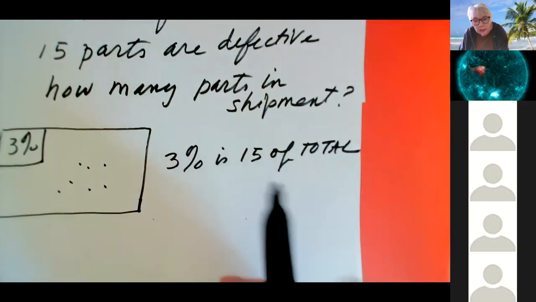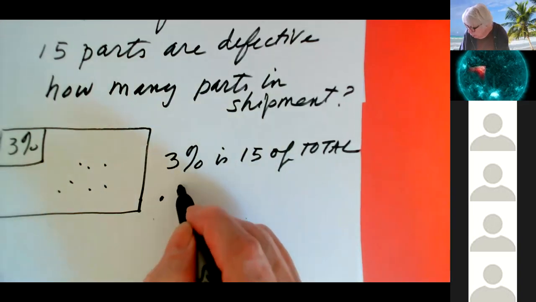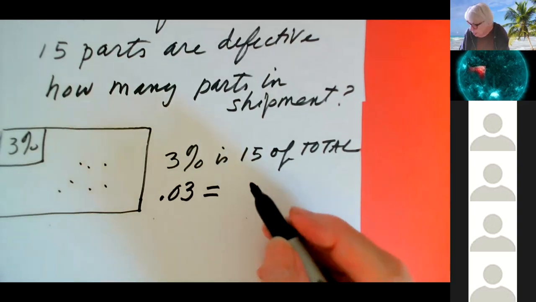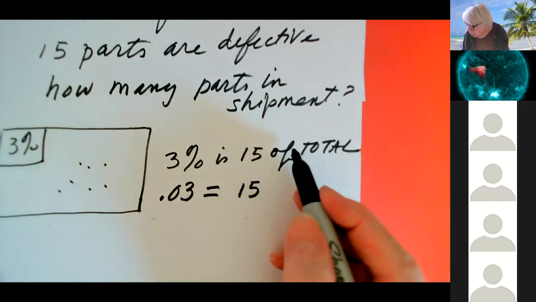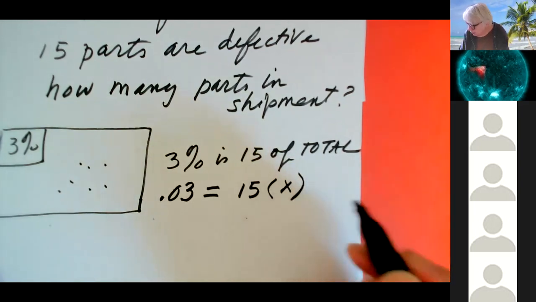This is the sentence that will do it for us. 3% is 0.03 equals 15. The word of is times X.